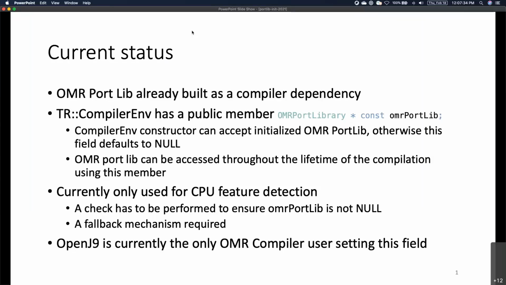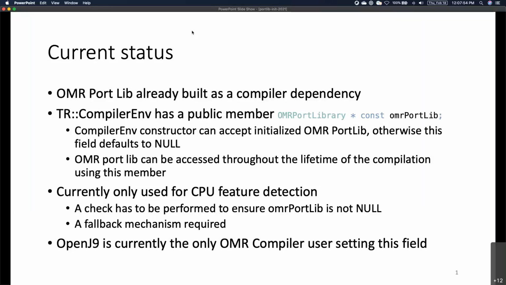So at this time, the only use of the port library in the OMR compiler is for CPU feature detection, but we still need a fallback mechanism because we don't have the port library in all use cases.